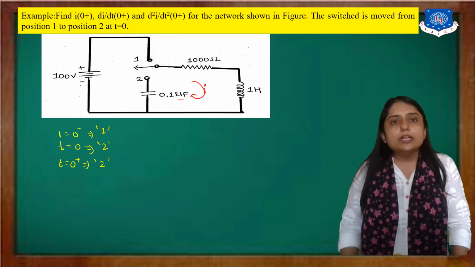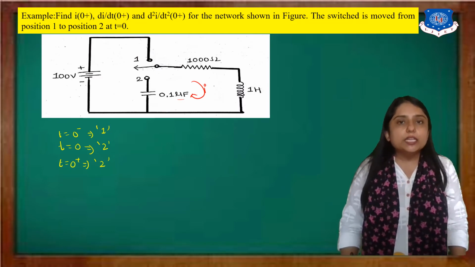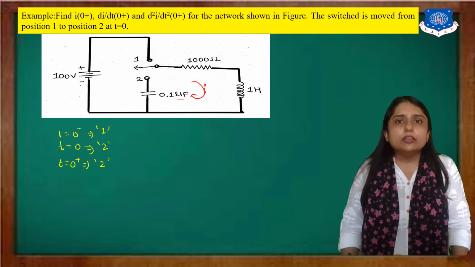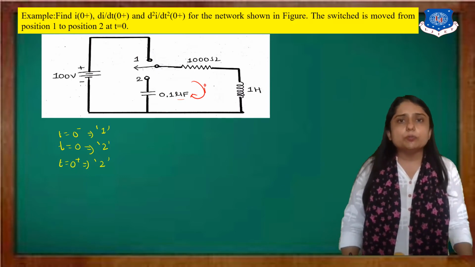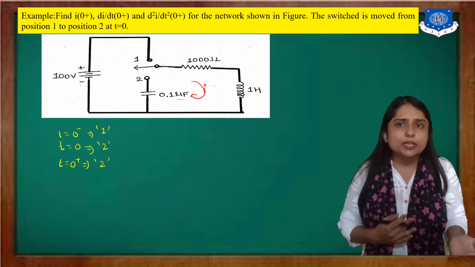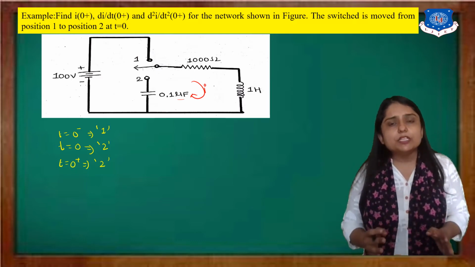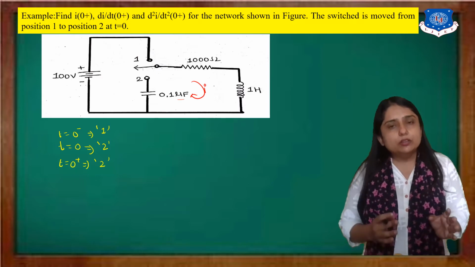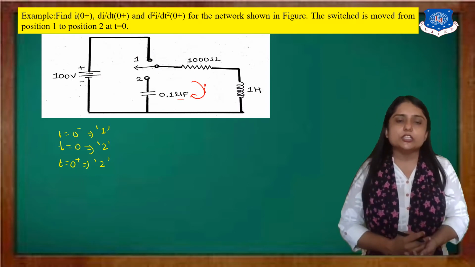Whenever you find an example like this, where I want to find the current at 0 plus, then the differentiation of the current at 0 plus or 0 minus, that example is from chapter number 6, initial conditions.